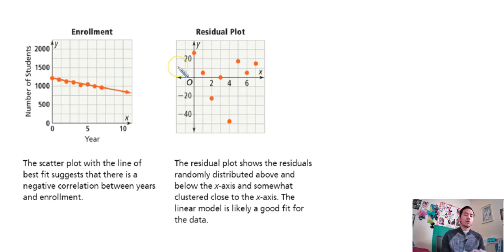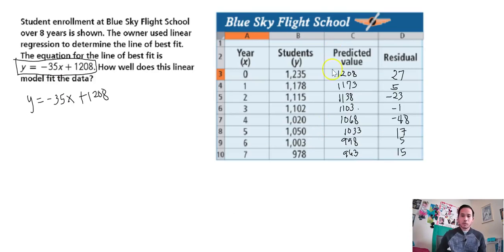So that is how you analyze your residuals, and you have to interpret your residual plot. This is the enrollment, and they managed to get the line of best fit, and this is now the residual. When we go over this, we plot it together. From year 0, that's 27.